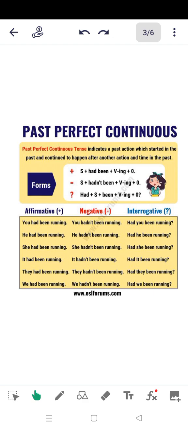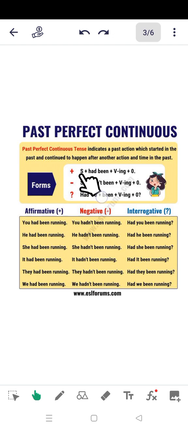Past perfect continuous tense indicates a past action which started in the past and continued to happen after another action and time in the past. So it is continuous, but in the past. How to form this tense? As we said, we have 3 forms: the affirmative, the negative, and the interrogative or question.